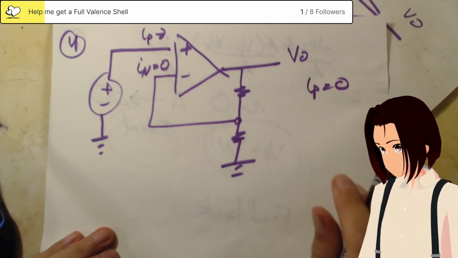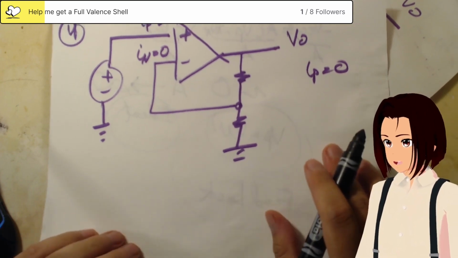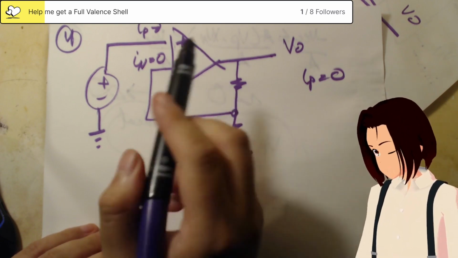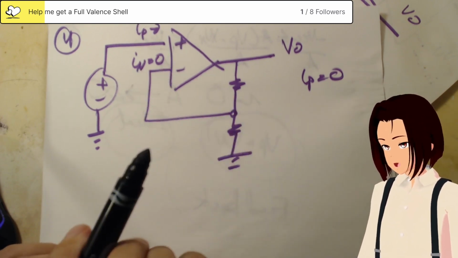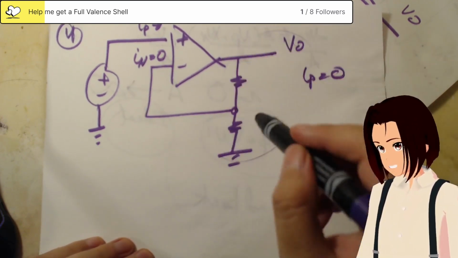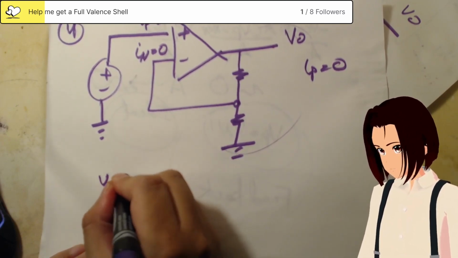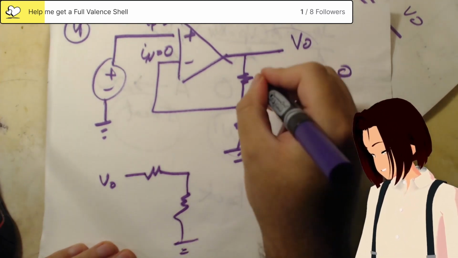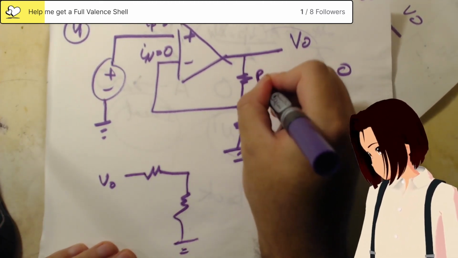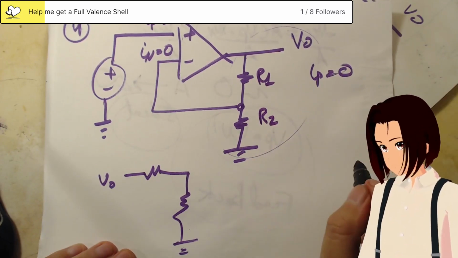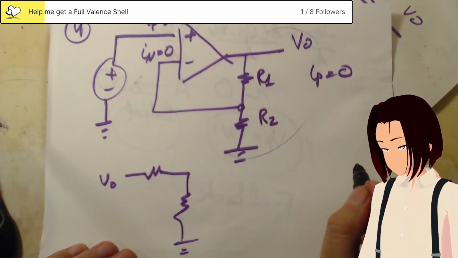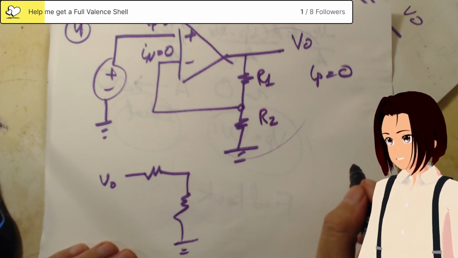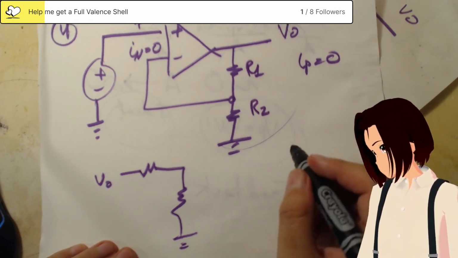It's super easy. What we have here is called a voltage divider because IN equals 0. If we just look at this part of the circuit, we would have VO across these resistors. We're comparing the time varying value to the output of the voltage divider at the middle, and the difference comes out to VO.